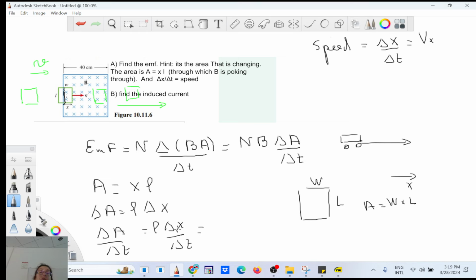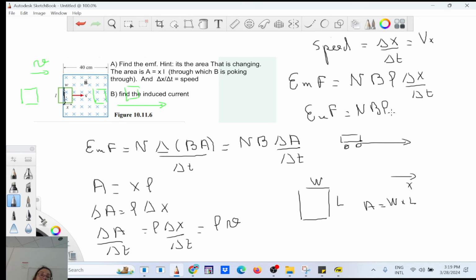And delta x over delta t is going to be the speed. So it's a little bit challenging. In this example, EMF will be equal to the number of loops, the magnetic field, the length, and then delta x over delta t. EMF will be equal to NBLv.